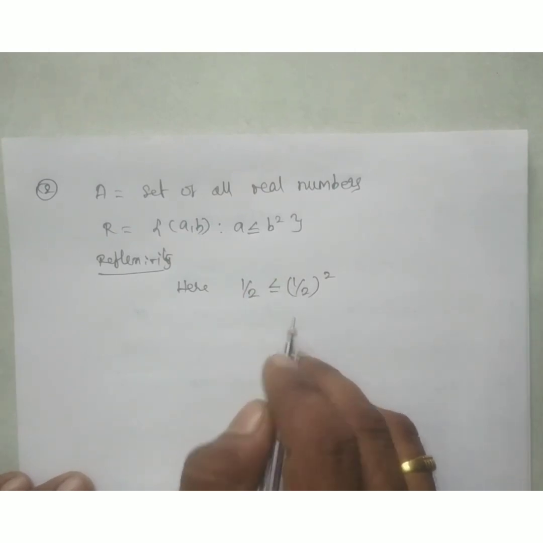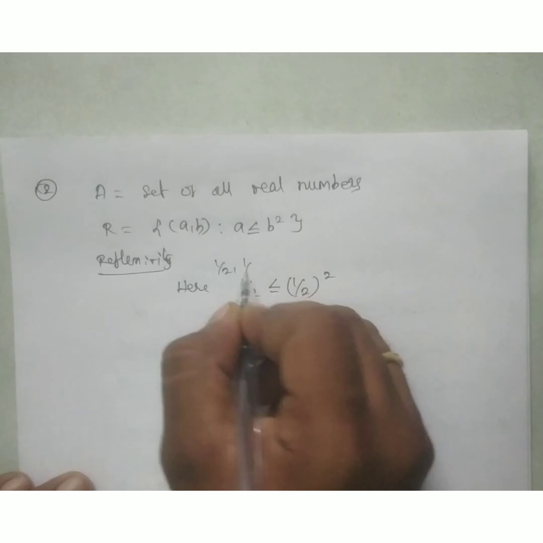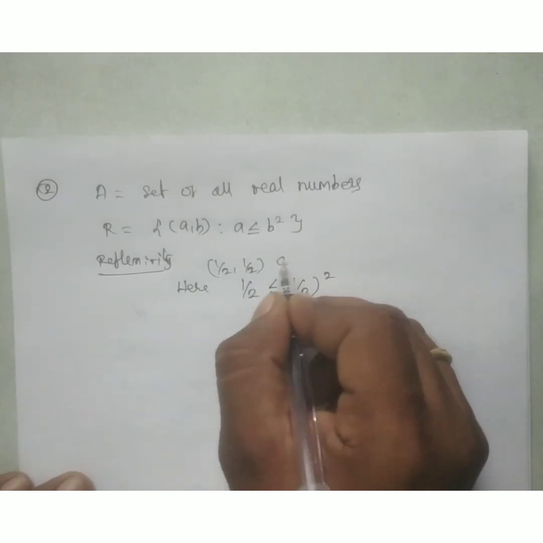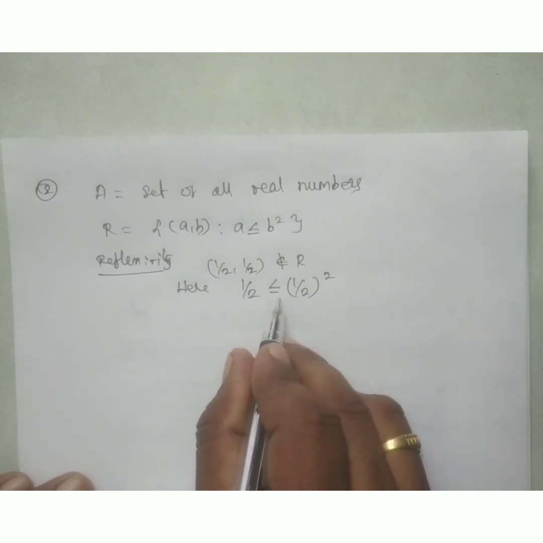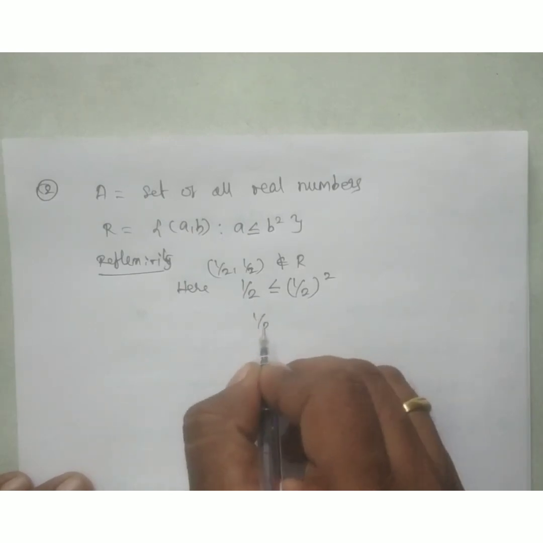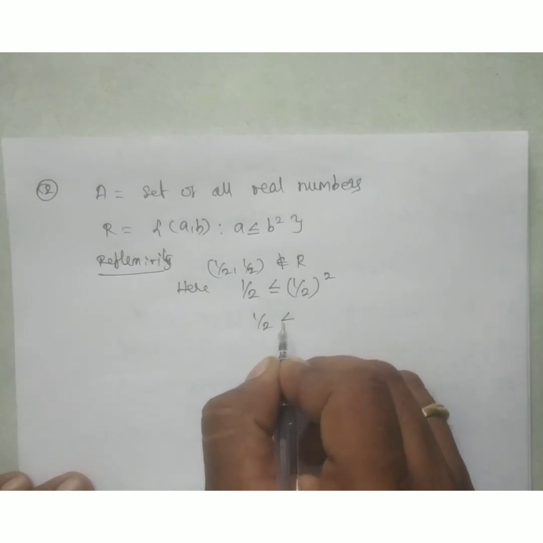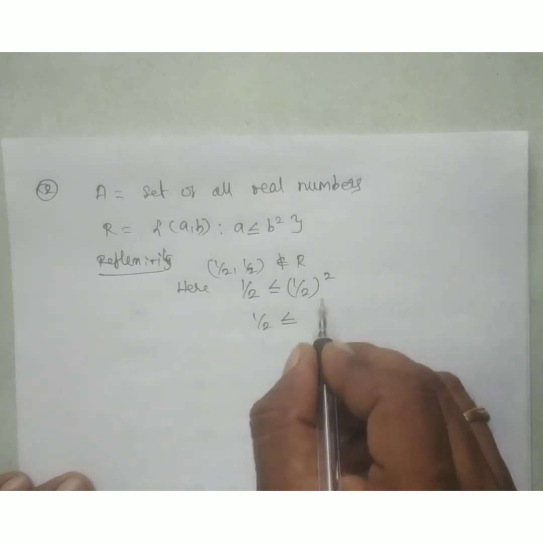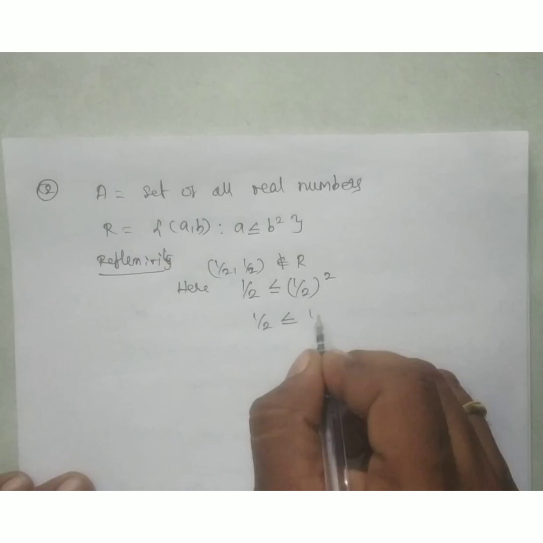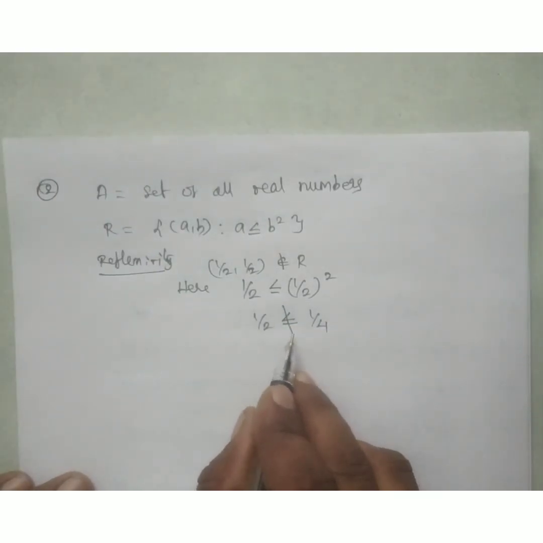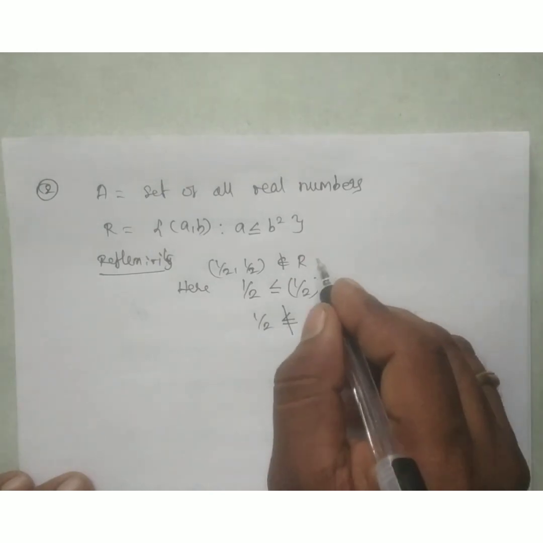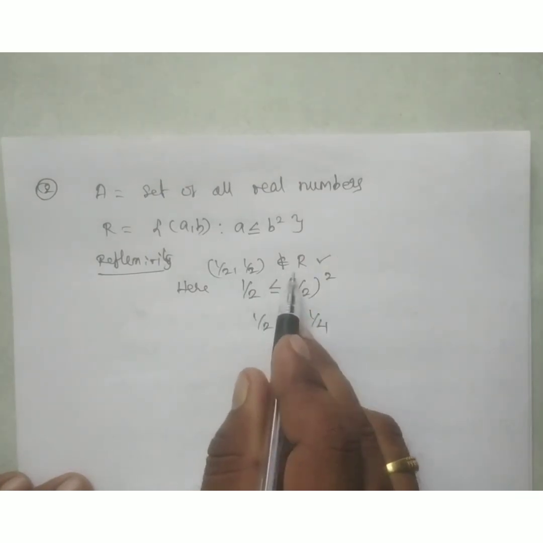According to my relation, (1/2, 1/2) does not belong to R, because 1/2 cannot be less than or equal to (1/2) square, which is 1/4. Actually 1/2 is greater than 1/4.